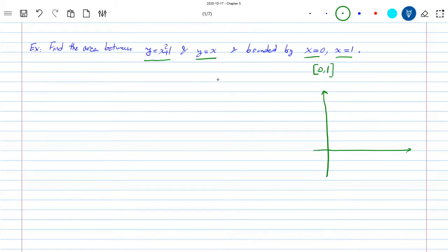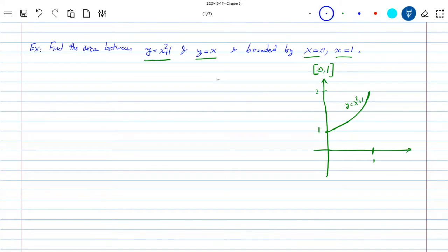From 0 to 1, x squared is the parabola, and plus 1 shifts it up 1 unit. So it will look like this. At 1, you would have a y value of 2, and at 0 a y value of 1. This is the function y equals x squared plus 1.